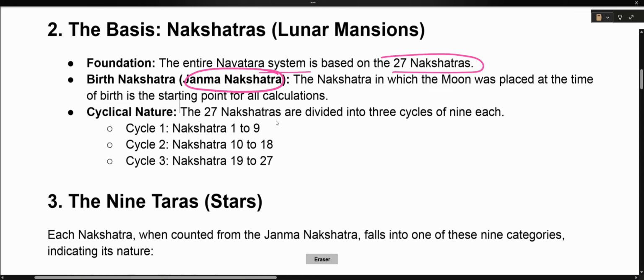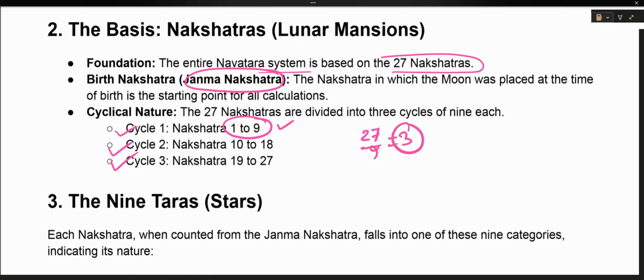So we have 27 nakshatras. We have 3 cycles because we have a 9 star system, or Navatara Paddhati. From 1 to 9 we have different groupings, or different names of the stars, serially. Therefore 27 divided by 9 is equal to 3, so we will have 3 cycles.